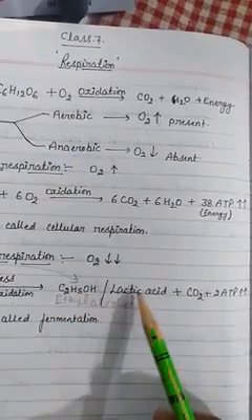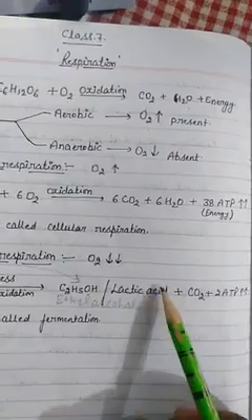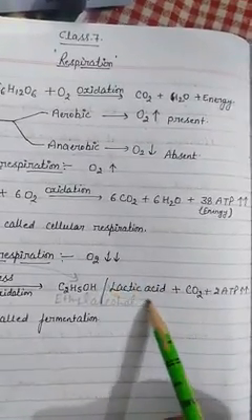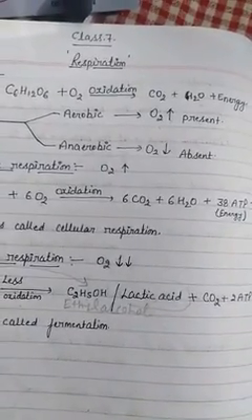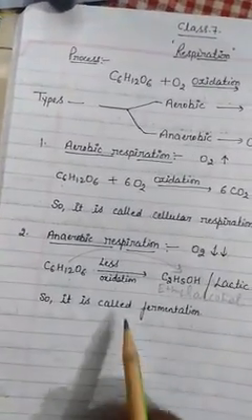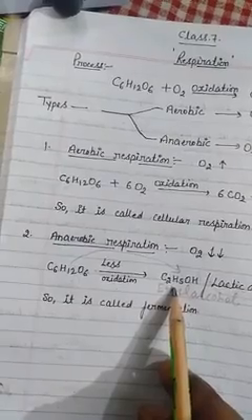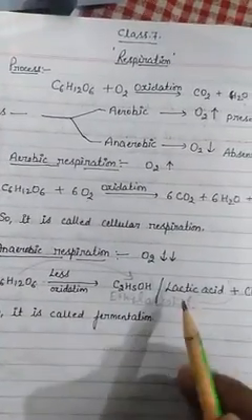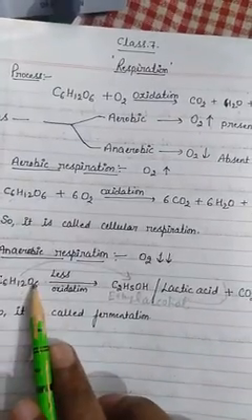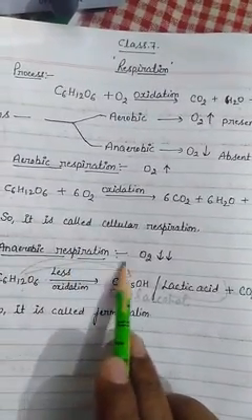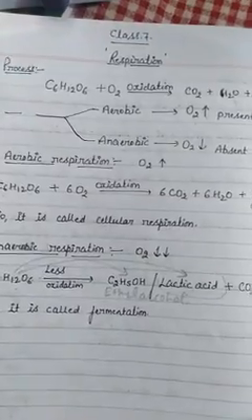When glucose is converted into lactic acid, this process happens inside animals or human beings. So in the case of plants, glucose gets converted into ethyl alcohol, or in the case of animals or human beings, glucose gets converted into lactic acid.